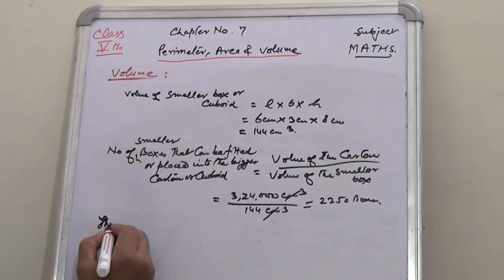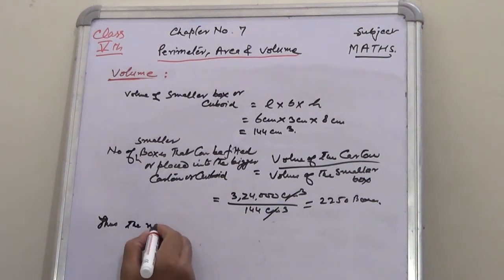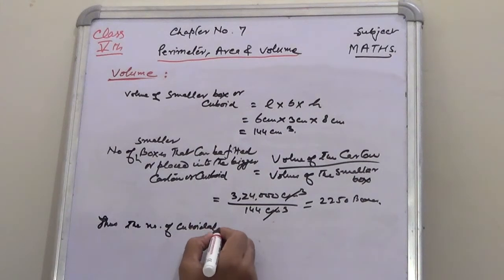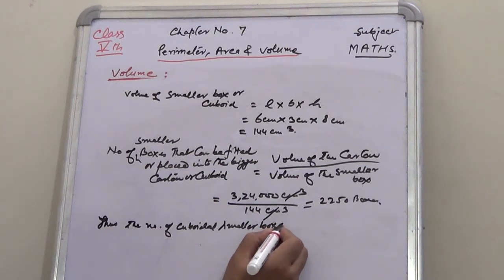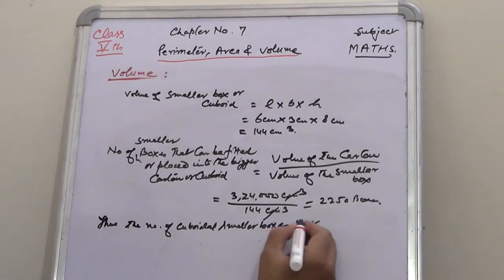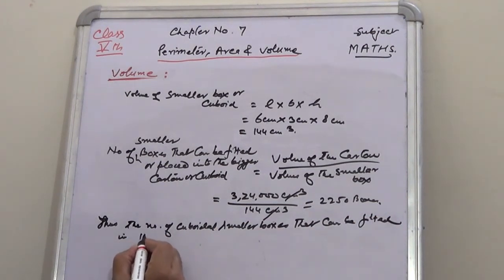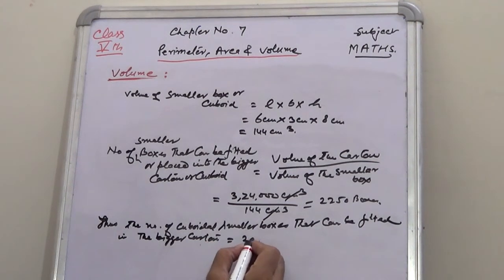Thus, the number of cuboidal smaller boxes that can be fitted in the bigger carton is equal to 2250 boxes.